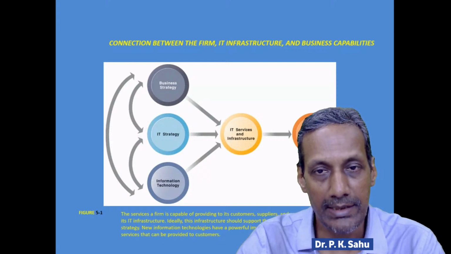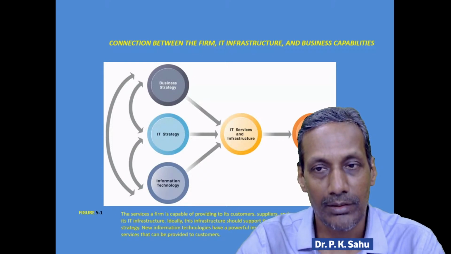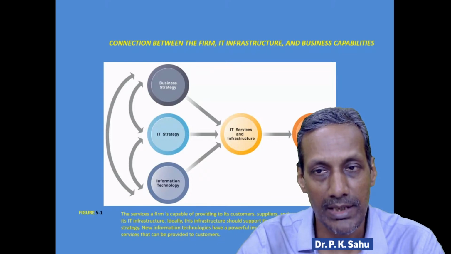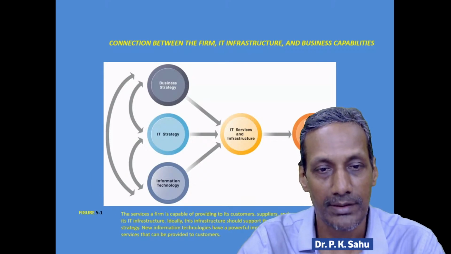It can enhance the IT services and the infrastructure. And finally, when used properly, customers get the services they are looking forward to, suppliers get their services, and the enterprise as a whole benefits.